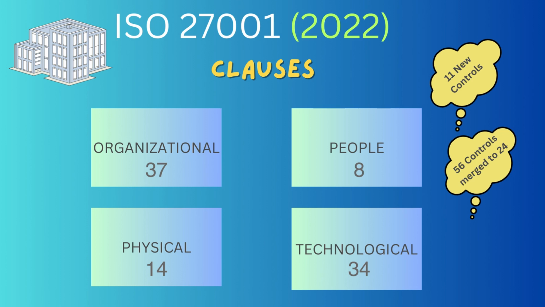If you talk about the differences or the updates from 2013 version to the 2022 version, you will come to know that there are 11 new controls from 2013 to 2022 and 56 controls have been merged into 24 controls. In this way, you have 93 controls across 4 control sets.